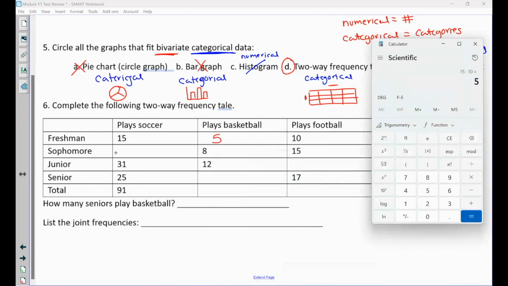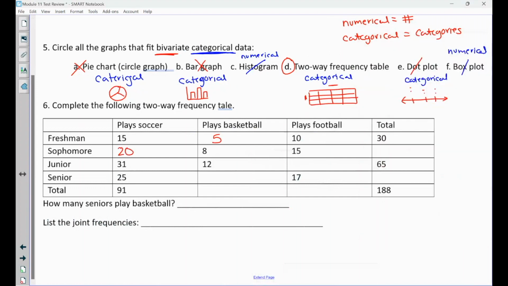We can also figure out the total number of sophomores that play soccer. If we know a total of 91 play, we take 91 minus the 25 seniors minus the 31 juniors minus the 15 freshmen. We've got 20 sophomores left.